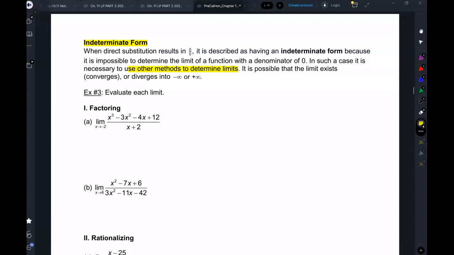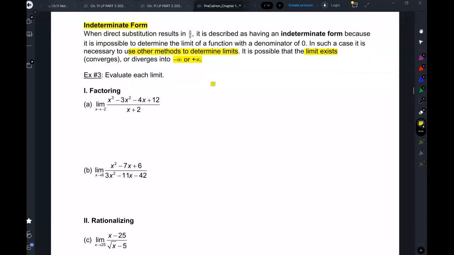And once you use other methods, there's plot twists here. It's possible that the limit might exist after all. It's possible that the limit might be negative infinity or positive infinity, okay? So we say if the limit exists, we say it converges, or if it goes to negative or positive infinity, we say it diverges.